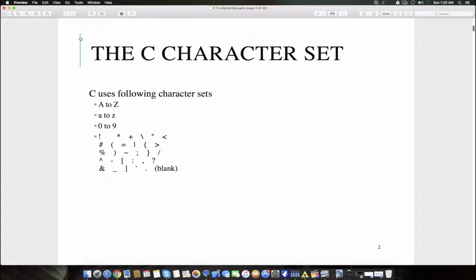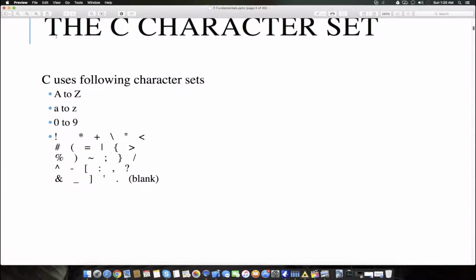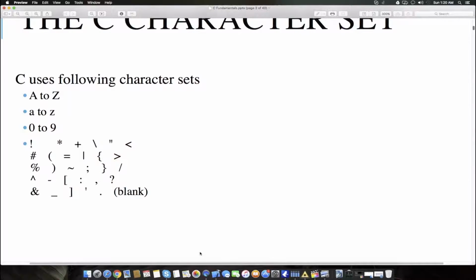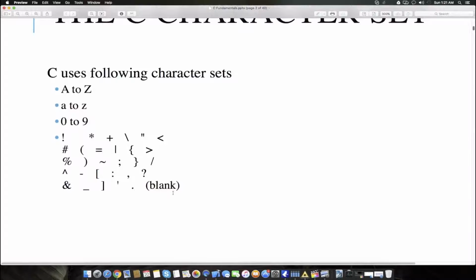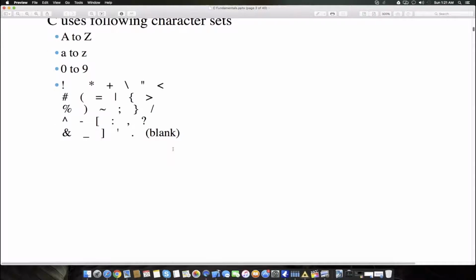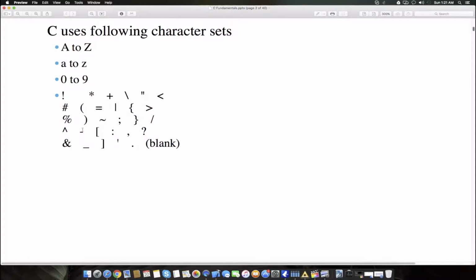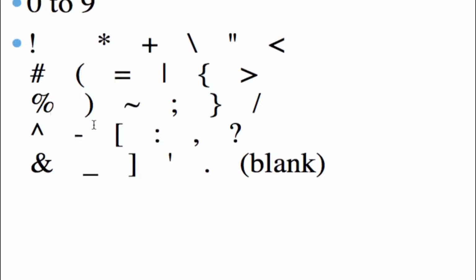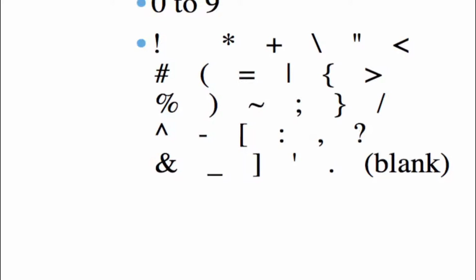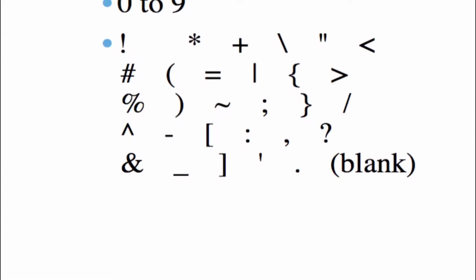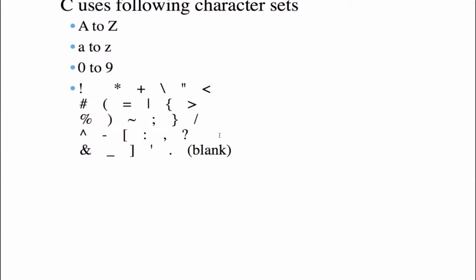Then it uses some different signs, such as the exclamation mark, star, plus, divide, double quotation marks, and all of these you can look at. And the blank here means space.